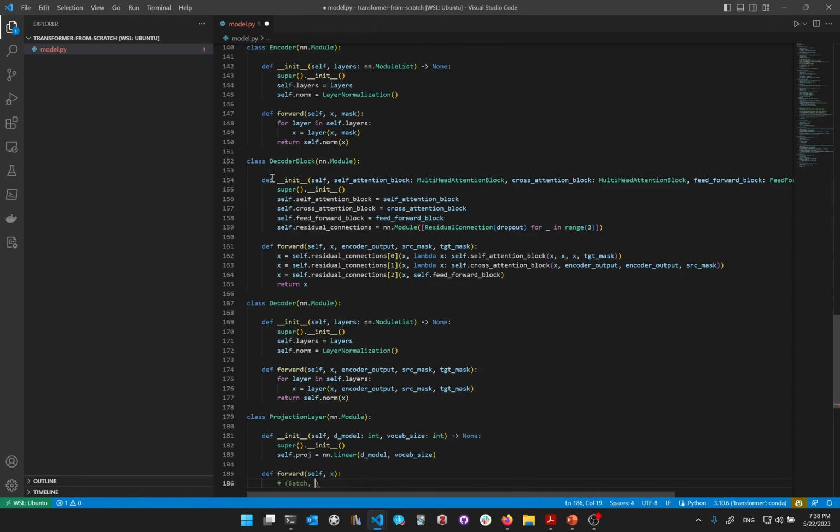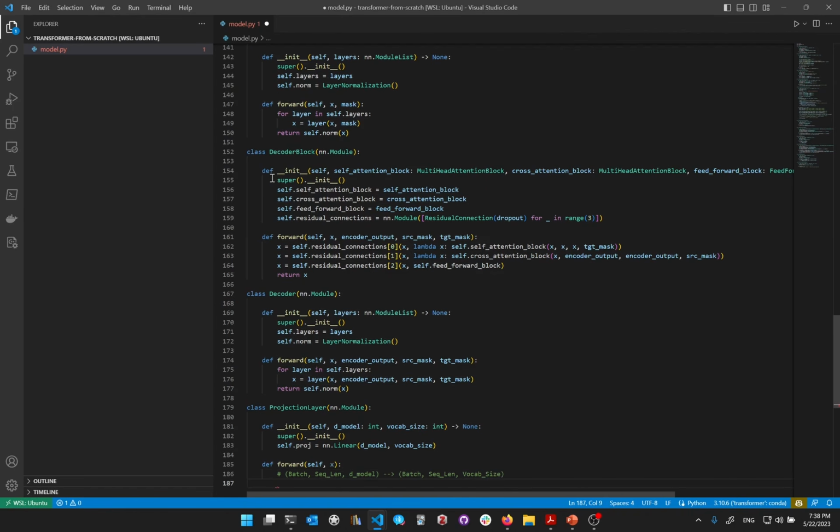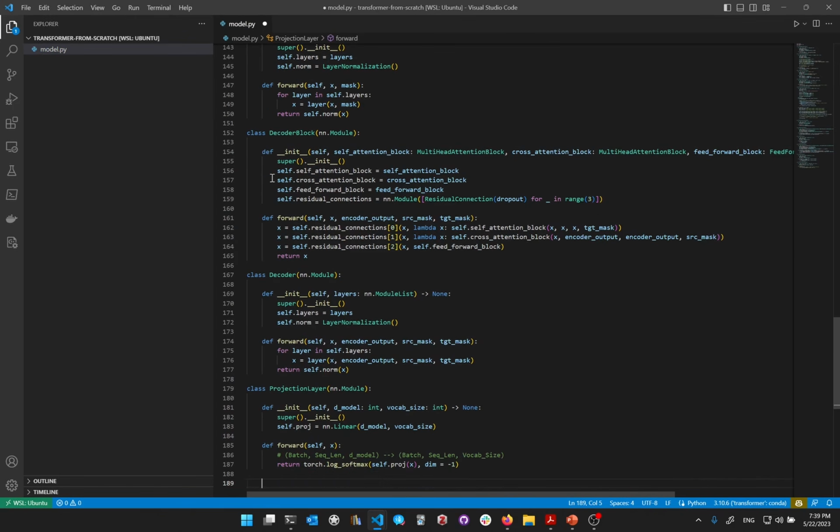We want to convert batch, sequence length, D model into batch, sequence length, vocabulary size. And in this case, we will also already apply the softmax, and actually we will apply the log softmax for numerical stability, like I showed before, to the last dimension. And that's it. This is our projection layer.